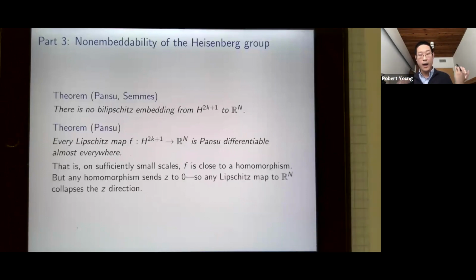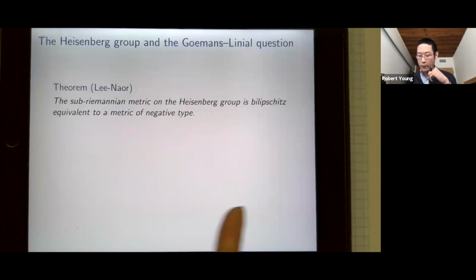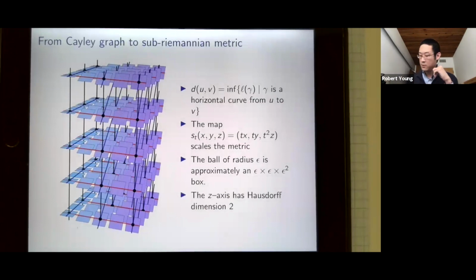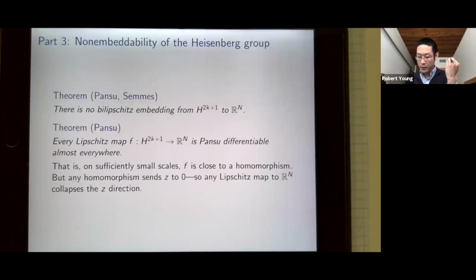Any homomorphism has to send Z to 0. And so any Lipschitz map from the Heisenberg group to R^n has to collapse that vertical direction, has to collapse all those curves of Hausdorff dimension 2. And so it can't be bi-Lipschitz.